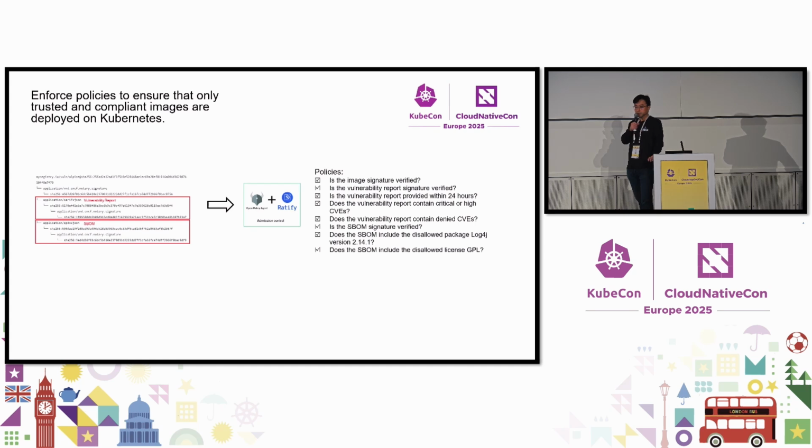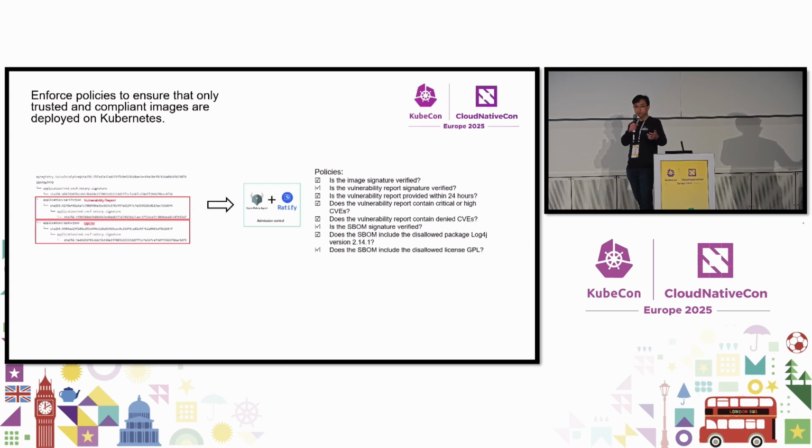Here is a typical example at admission control, scenario 1, where Ratify is used with OPA Gatekeeper. You can set up policies to verify not only the signatures, but also check the SBOM file. First, see whether the SBOM file can be trusted by validating the signature, then check the SBOM file to see whether there are any license issues that are not compliant with your organization's policies.